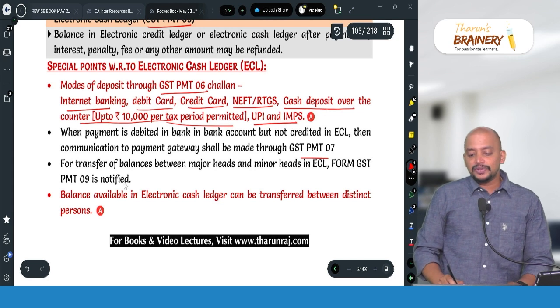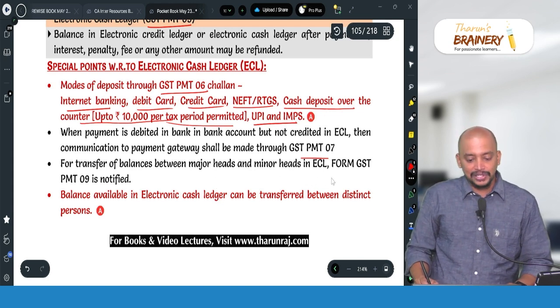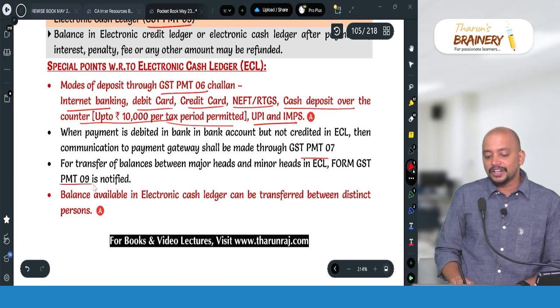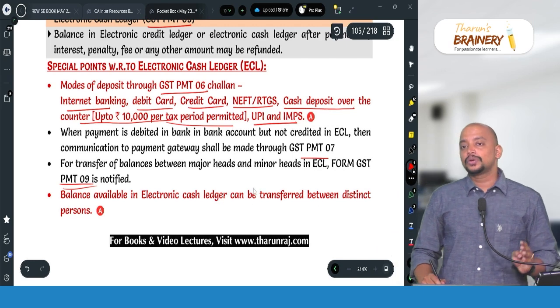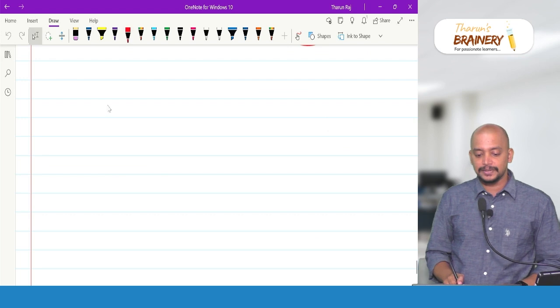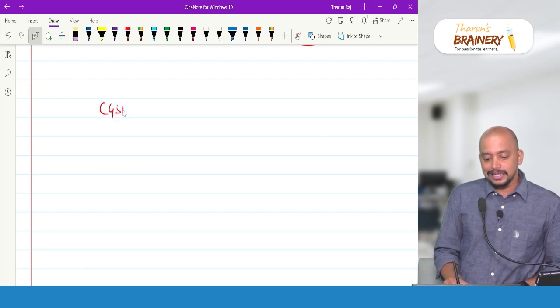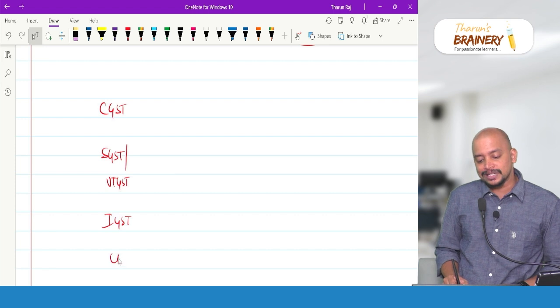Then for transfer of balances between the major heads and minor heads in the electronic cash ledger, one form is notified, that is PMT 9. That is, in the cash ledger we have total 4 major heads and 5 minor heads. What are the 4 major heads? CGST, SGST or UTGST, IGST and compensation cess.